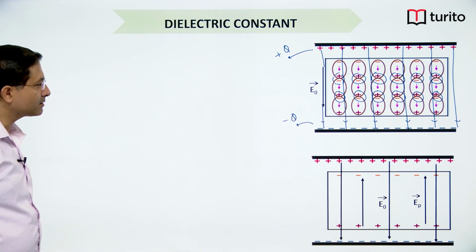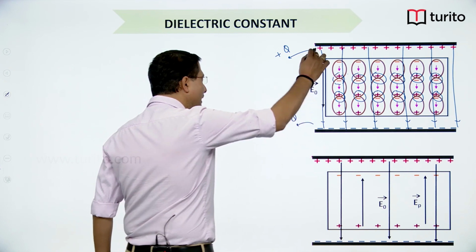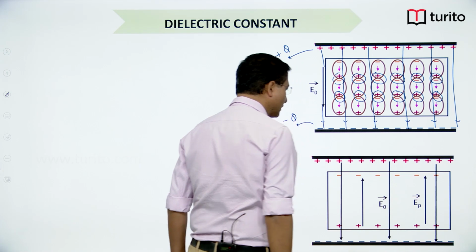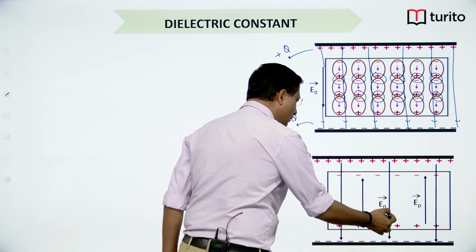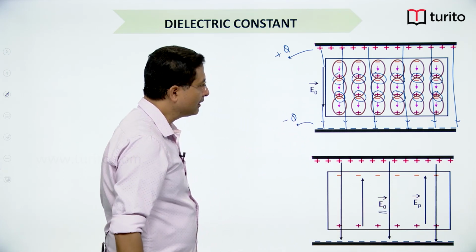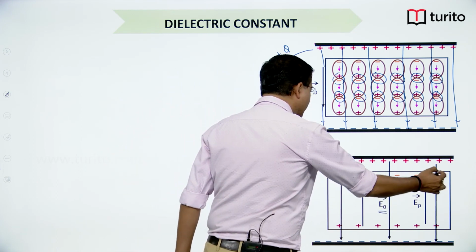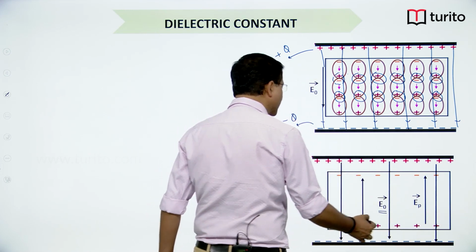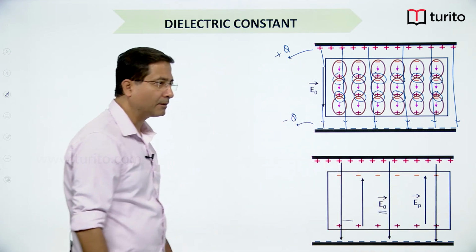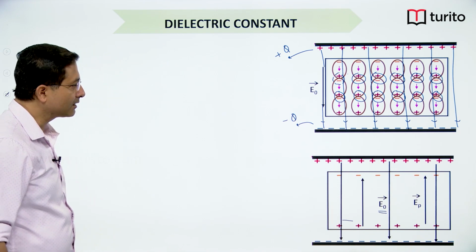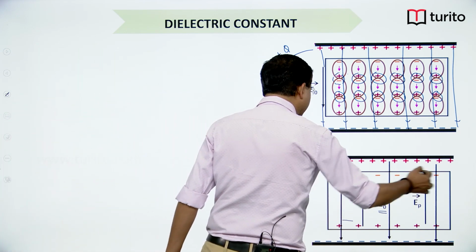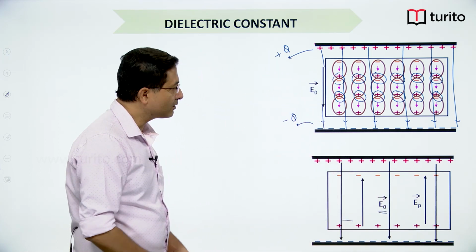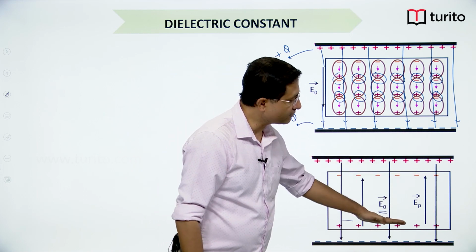So, what happens, you applied some field, that field was E naught, and due to that we have got a negative charge surface here and a positive charge surface here. These are bound charges, right, they are bound by the nucleus. So, effectively I can draw that there will be net negative charge here and net positive charge here.